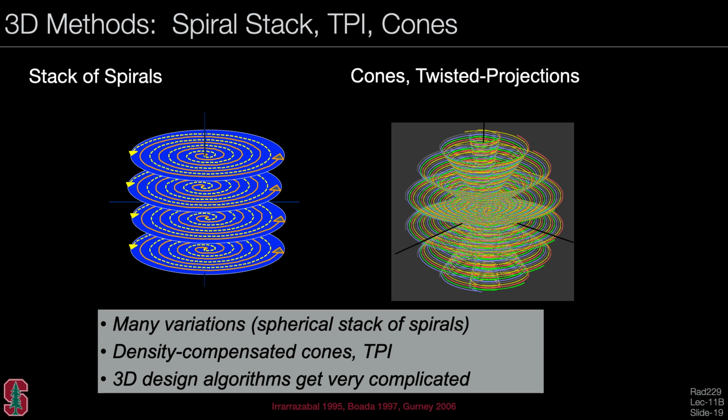And then there are considerably more other approaches that have been developed over the last 5 or 6 years that actually use more complicated patterns, but all of them are trying to efficiently sample 3D space. And most of them have similar properties to spiral imaging, where you can have a rather long trajectory. You have some sensitivity to off-resonance, so you typically have to do off-resonance correction for most of these trajectories.